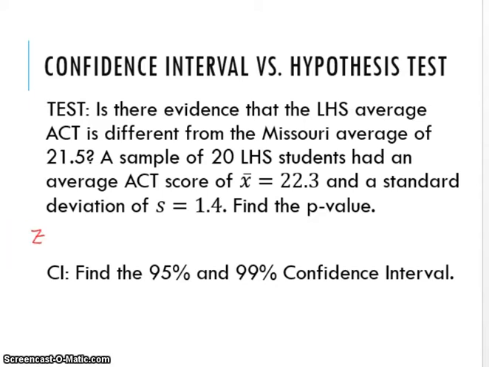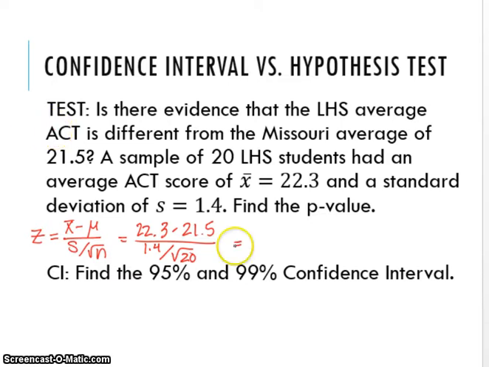To do that, we find our z, which is x bar minus mu over s over root n. So this is 22.3 minus 21.5 over 1.4 over the square root of 20.